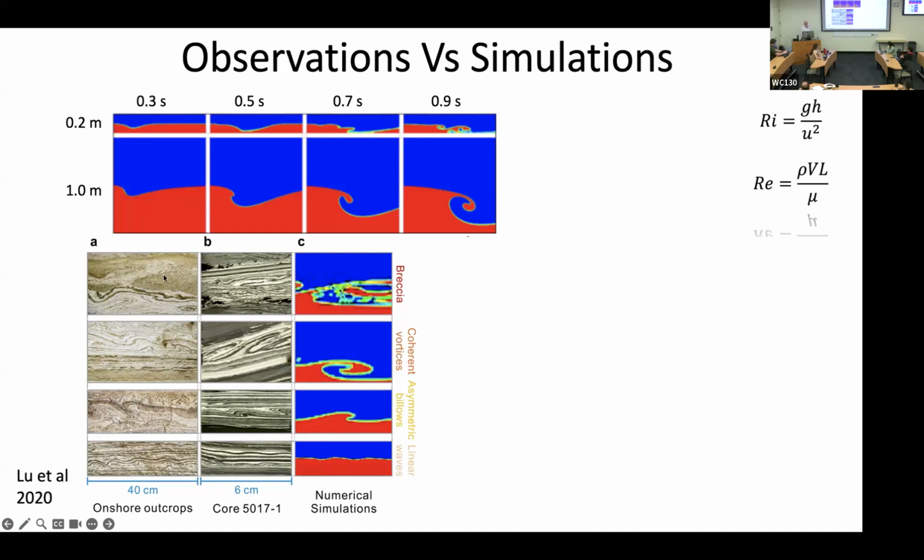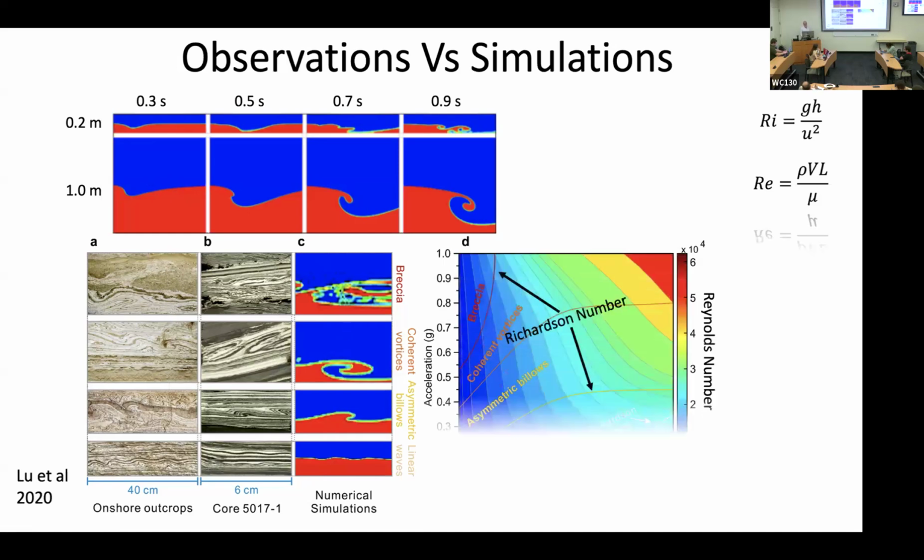This is breccia, which we have a lot of. We can have situations which they call coherent vortices that have been observed in the field and also generated by the simulation, and linear waves. The amount of deformation is low here and increases upward.